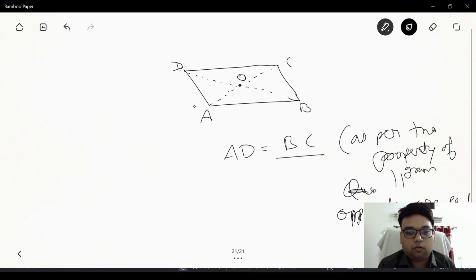If opposite sides are equal, then AD's opposite is BC, hence AD is equal to BC. Now this is your question number 1.